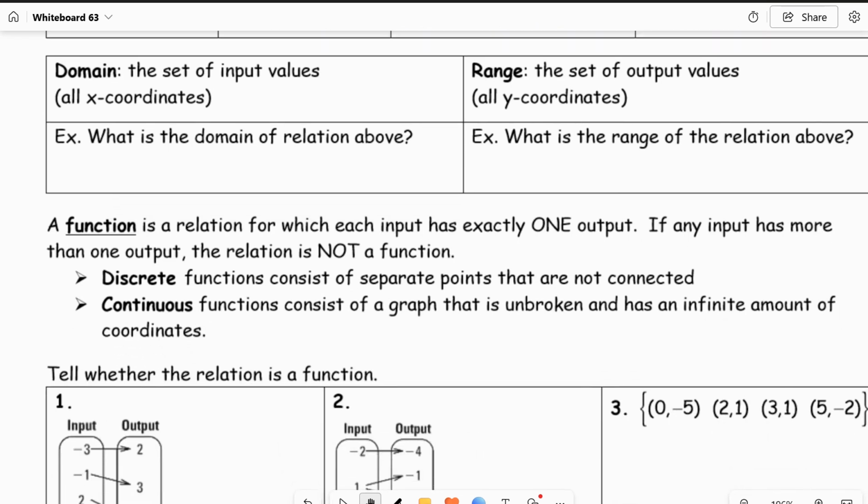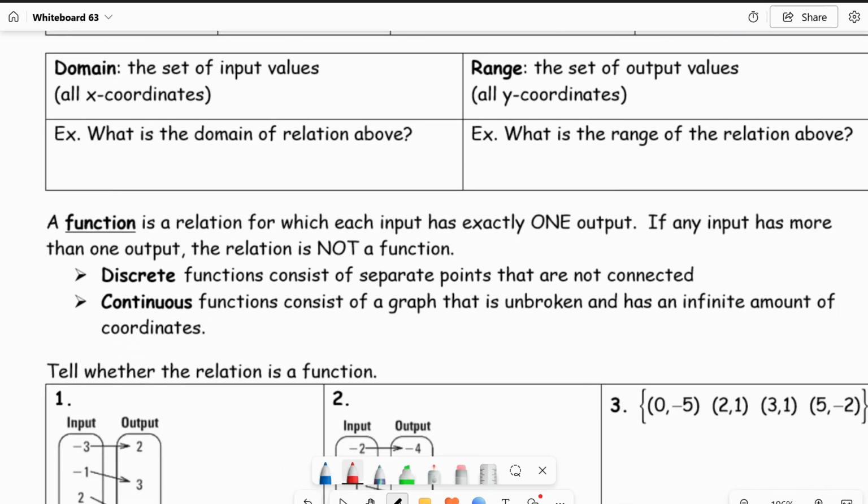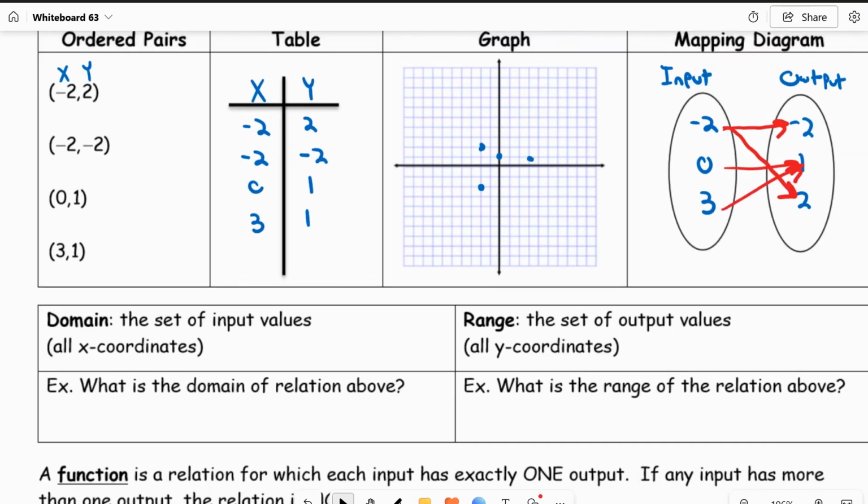Okay, so just reviewing, domain is the set of input values and range is the set of y values. So what is the domain for the relation above? For this, you would use set notation, and you would just list all of your possible x values.